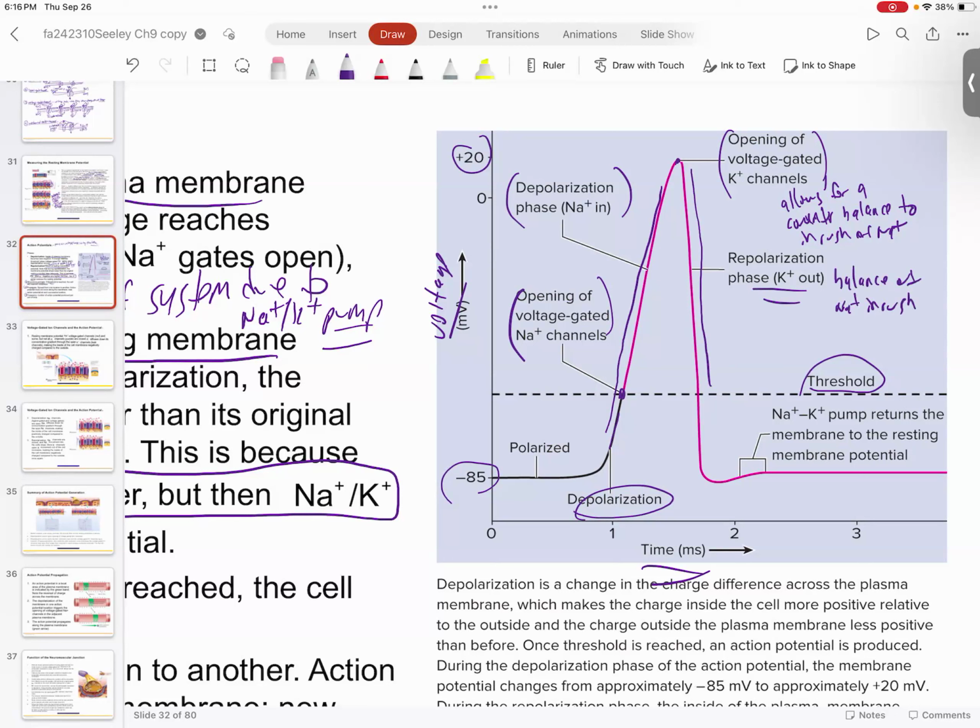The potassium keeps the sodium basically from crashing. And so it will rush out as a counterbalance, as a counterforce to the sodium inrush. So with the potassium's positive charge rushing out, it's going to dampen that depolarization, and you're going to get the repolarization where you get the reestablishing of your resting membrane potential eventually to normal levels.